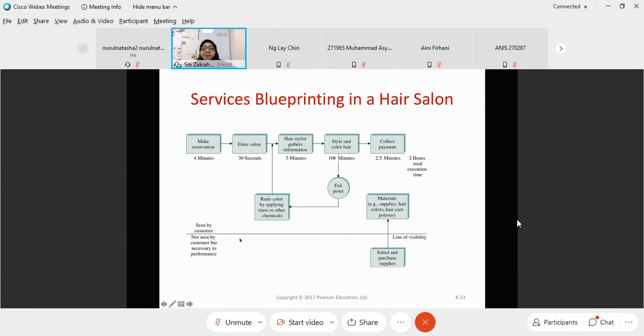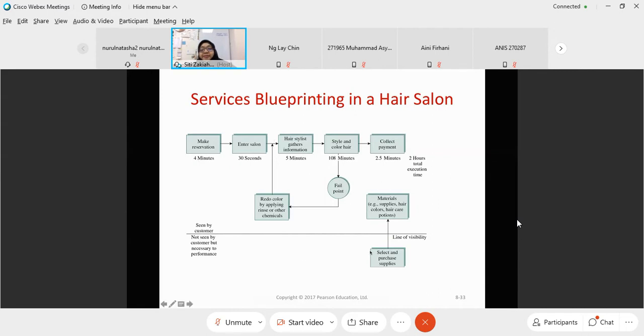Also in the service blueprint, we call this the line of visibility. Anything above the line of visibility can be seen by the customer. Of course, when you're going to a hairstylist, they can see everything. They can see your scissors, your combs, your shampoos, right? But anything below the line of visibility is not seen by the customer.